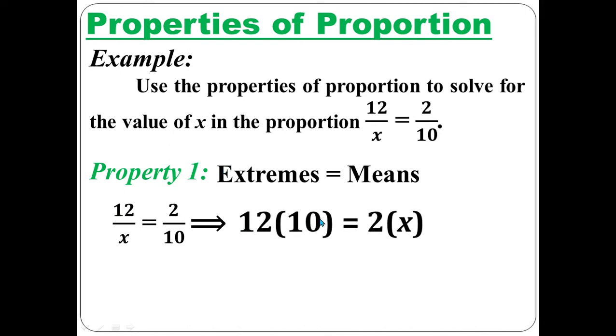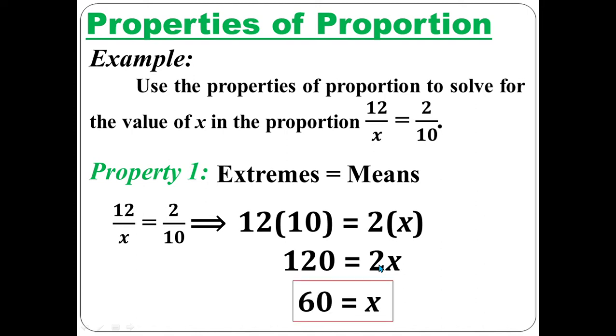Just multiply yung means and means, extremes and extremes. 12 times 10, 2 times x. So, 120 is equal to 2x. Divide both sides with 2. Therefore, ang x is 60. That is property number 1. Extremes by extremes, means by means.